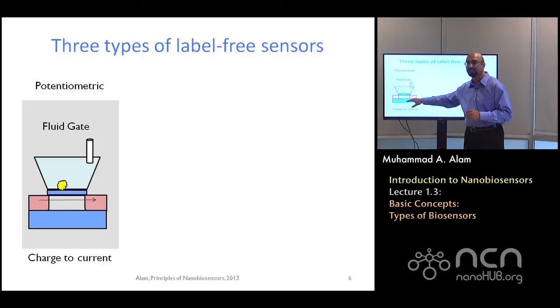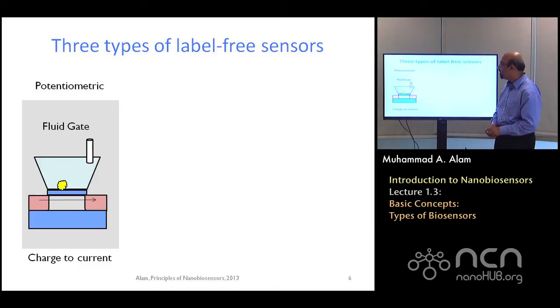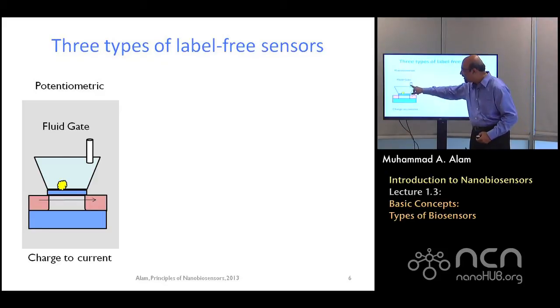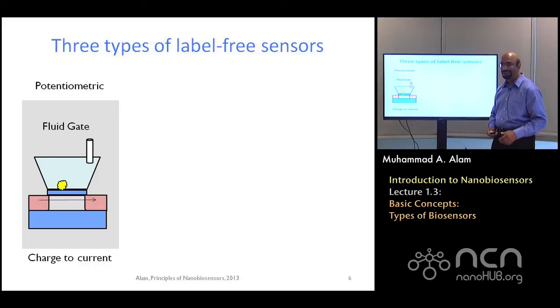And a more sensitive sensor will essentially respond with fewer biomolecules captured on the sensor surface. That's it for the potentiometric sensor. By the way, this is a reference gate. This is a mystery box. We'll come back and talk about that down the road when we really discuss the potentiometric sensors in detail.